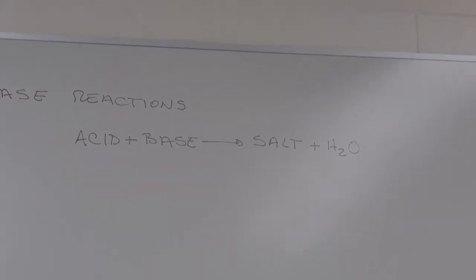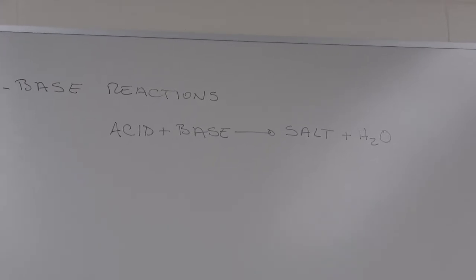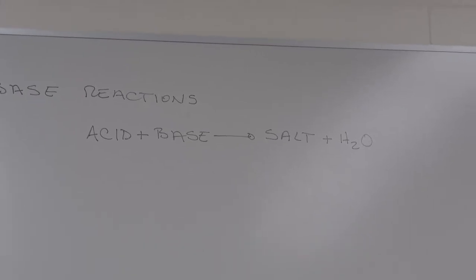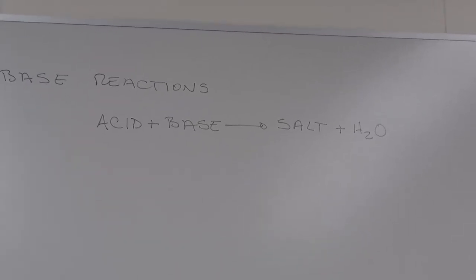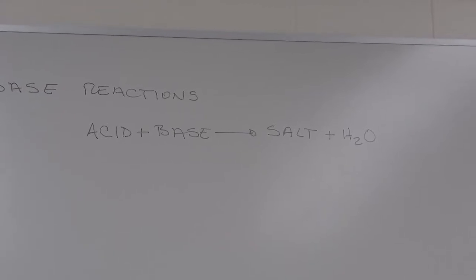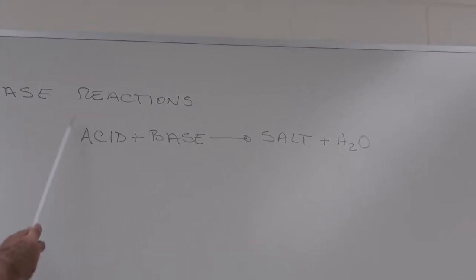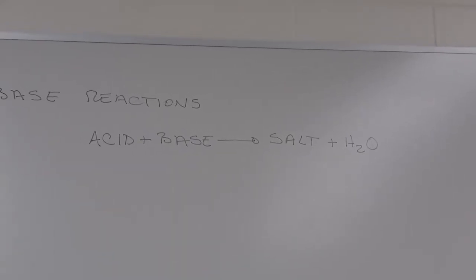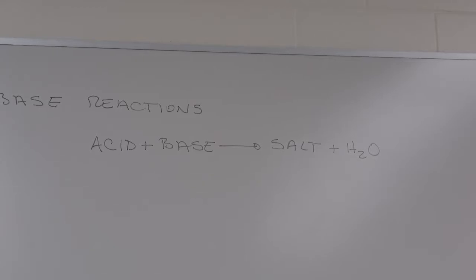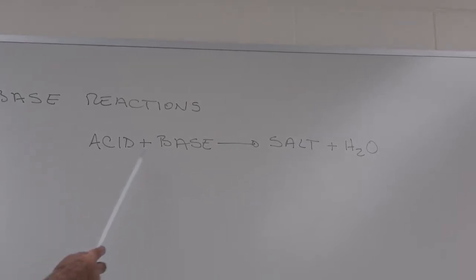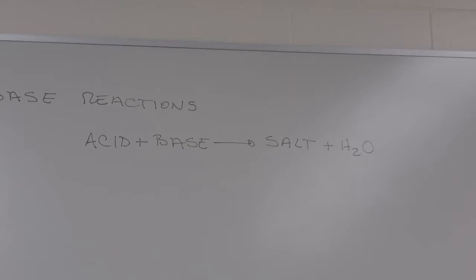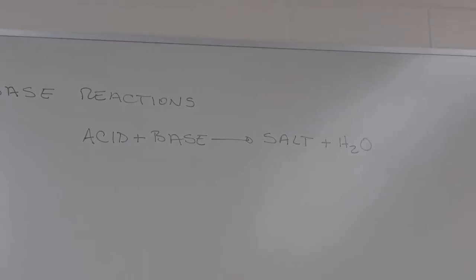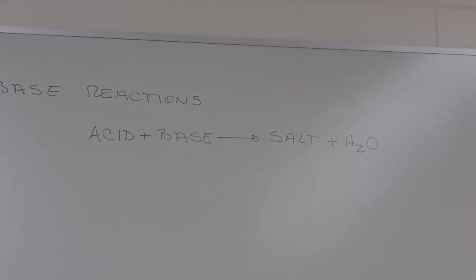When we do that, if we put an indicator in the solution, which is a substance that changes color, there is going to be a very abrupt change in color that will indicate that the amount of acid and the amount of base are stoichiometrically the same, which means that the moles of acid are going to be equal to the moles of base at that particular point, where the indicator or the dye changes color.